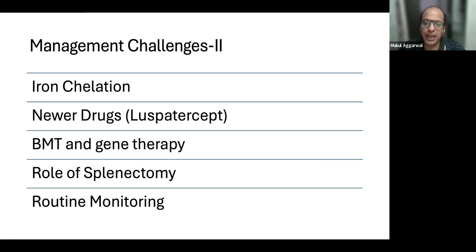We need to realize that in this subgroup of patients, the thalassemia intermedia, there are certain complications which are more commonly seen, like gallstones, extramedullary hematopoiesis, leg ulcers, and thrombotic events. This happens because in thalassemia major patients, we are suppressing their inherent erythropoiesis or the abnormal red cell production by giving regular transfusions.